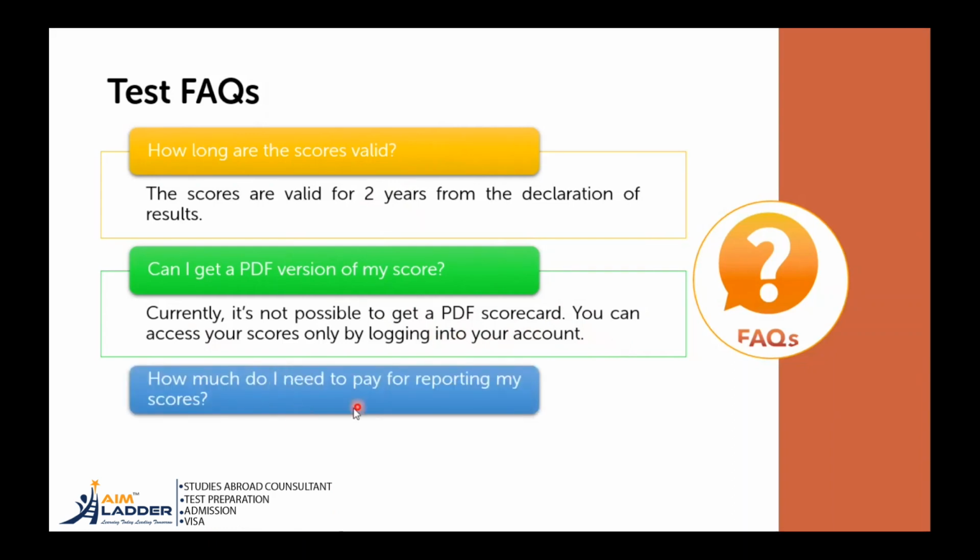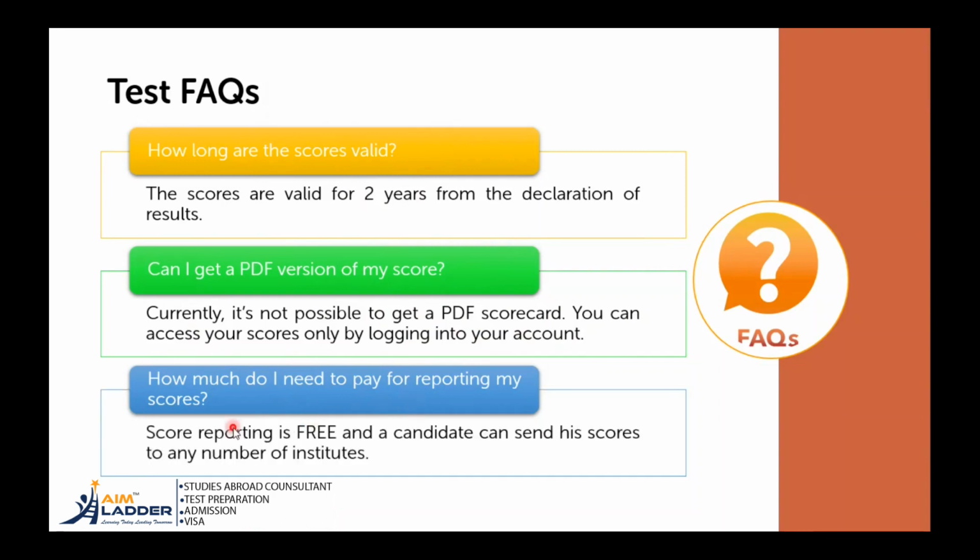Also, how much do I need to pay for reporting my scores? As you may know, for TOEFL and IELTS, initially score reporting is free, but then the candidates have to pay if they want to report their scores to more universities. This is again where Duolingo has a clear advantage. Score reporting is absolutely free, and a candidate can send his scores to any number of institutes.